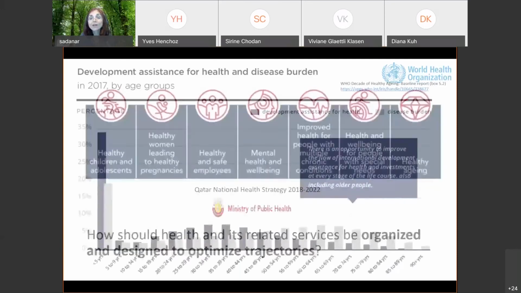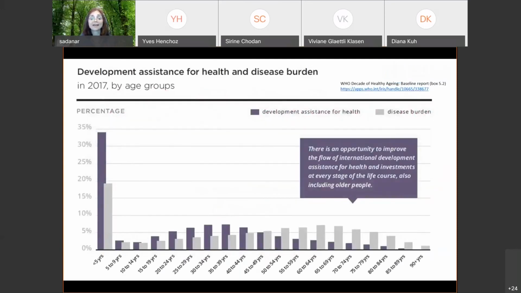And so I think my last slide is just to say that when we discuss older adults, we are not trying to force a trade-off in investments for older adults versus investments in earlier age groups. But we do want to have a fairer distribution.